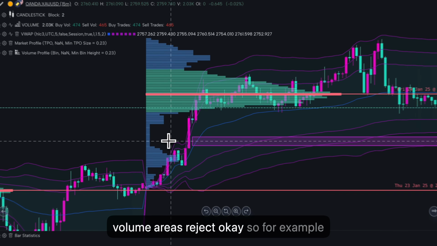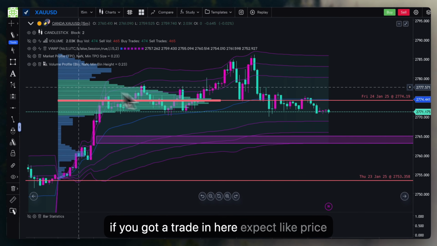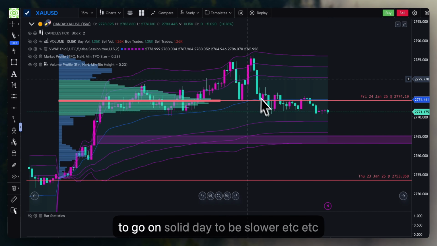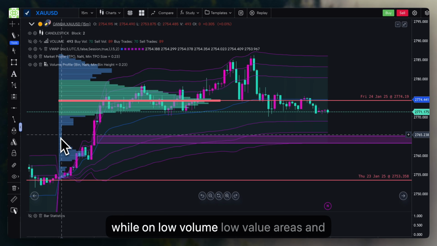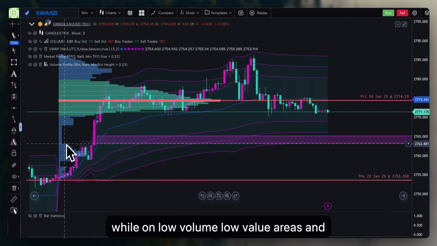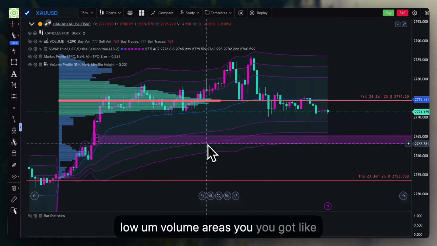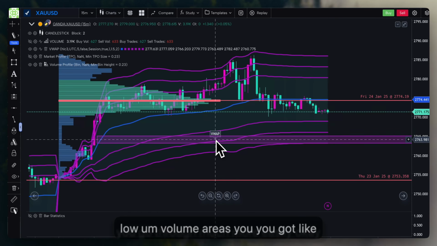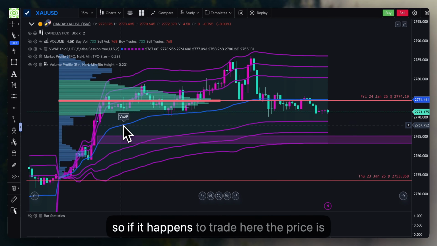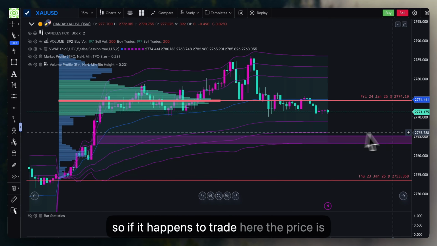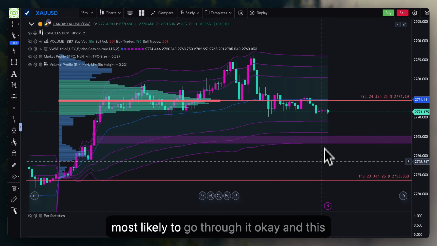So if you got a trade in here, expect price to consolidate and be slower, while on low volume areas you go through much more easily. So if it happens to trade here, the price is most likely to go through it.